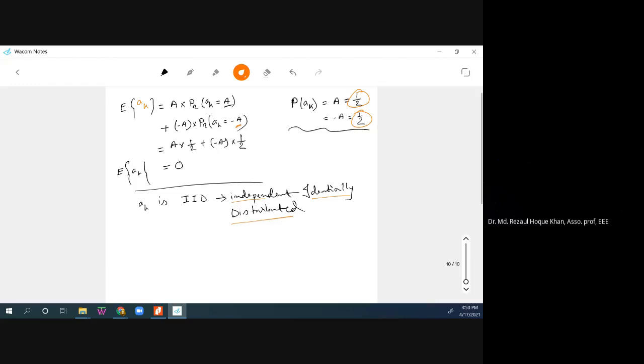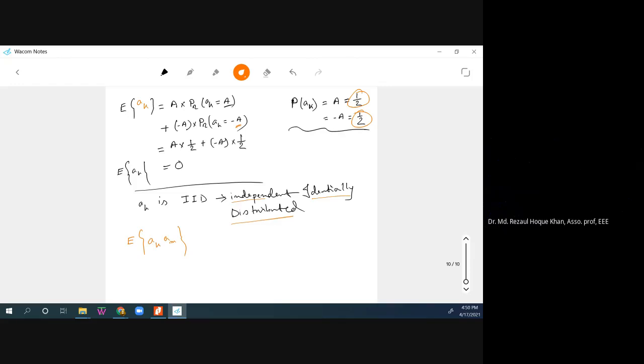So what is the expected value of AK and AM? Another bit AM has two probabilities, right?